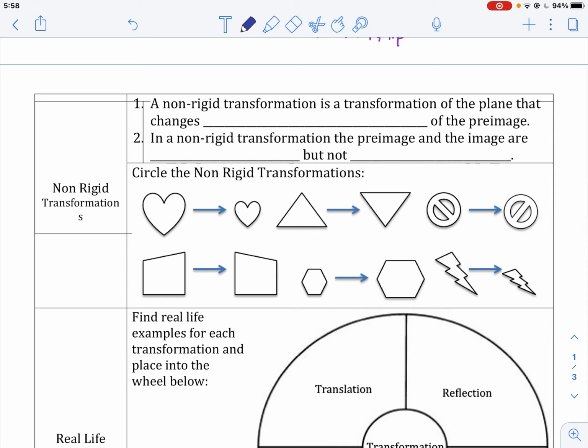Now, a non-rigid transformation is a transformation of the plane that changes the size of the pre-image. In a non-rigid transformation, the pre-image and the image are the same shape, but not the same size.